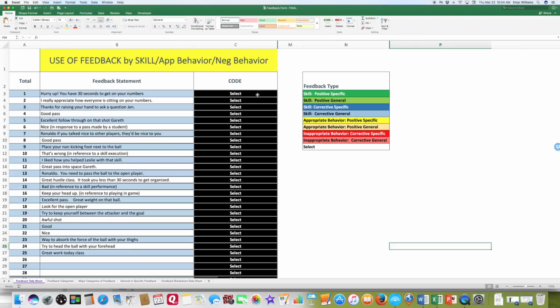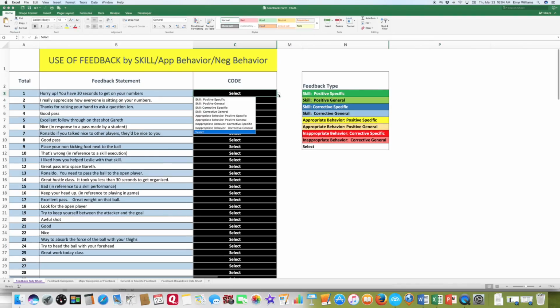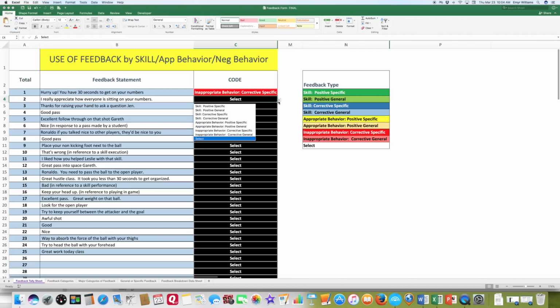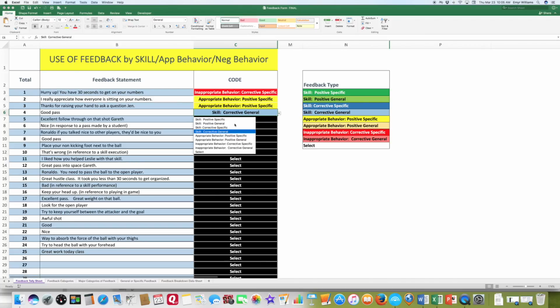So now all I'm going to do is go through all of these and assign the specific feedback categories. I do that by clicking here, and this is inappropriate behavior, corrective specific, and we have this as appropriate behavior, positive specific, and same here. This is a positive general skill. Positive general skill there.